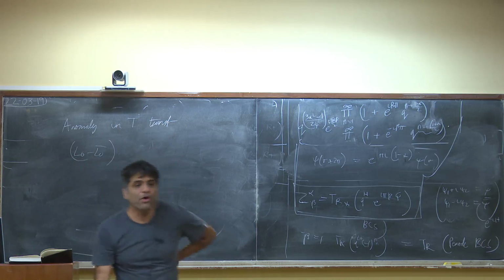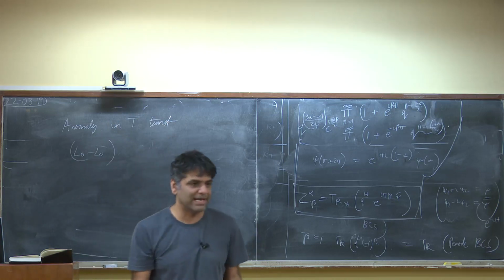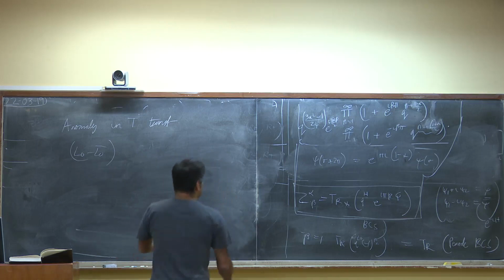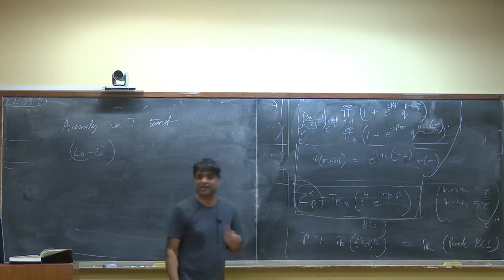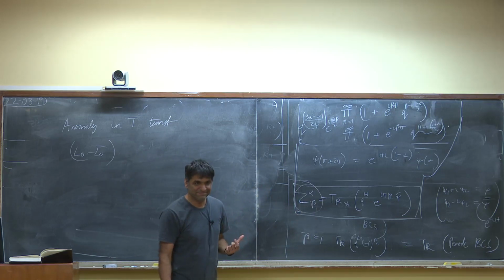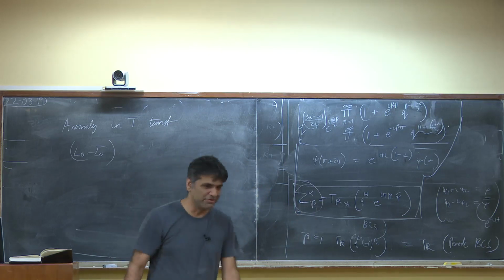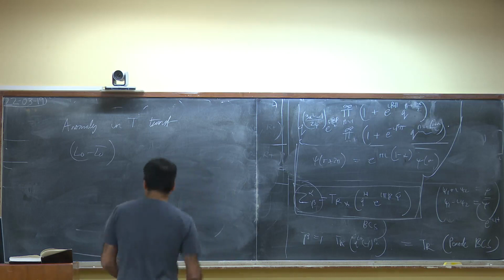By using this fact, we will in the next class figure out exactly how these Z alpha beta transform under T transformations. The ground state has a non-trivial charge under this operator.